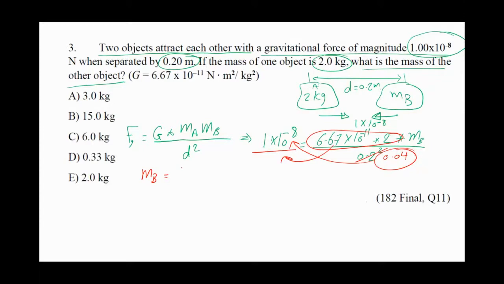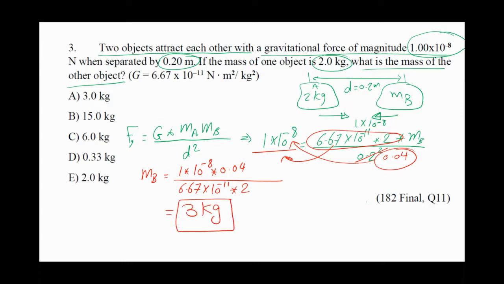So it will be 1 times 10 to negative 8 times 0.04 divided by 6.67 times 10 to negative 11 times 2, right? Okay, so the result will be around 2.999 something, which is almost like 3 kilogram. So almost you will find it 3 kilogram.